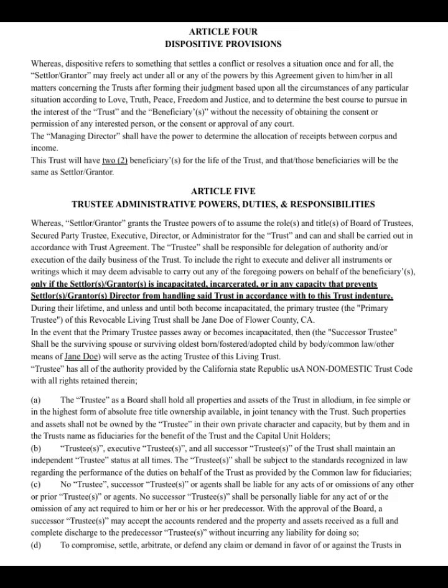So Article 4, Dispositive provisions. Whereas dispositive refers to something that settles a conflict or resolves a situation once and for all, the settlor grantor may freely act under all or any of the powers by this agreement given to him or her in all matters concerning the trust, after forming their judgment based upon all the circumstances of any particular situation according to love, truth, peace, freedom, and justice, and to determine the best course to pursue in the interest of the trust and the beneficiaries without the necessity of obtaining the consent or permission of any interested person or the consent or approval of any court.